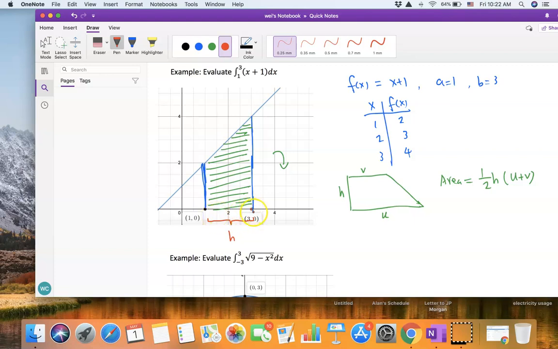The height is the distance between these 2 points, which is 2, right? 3 minus 1. And the upper base is the function value of 1, which equals 2. And then the lower base is the function value of 3, and that equals 4, right?